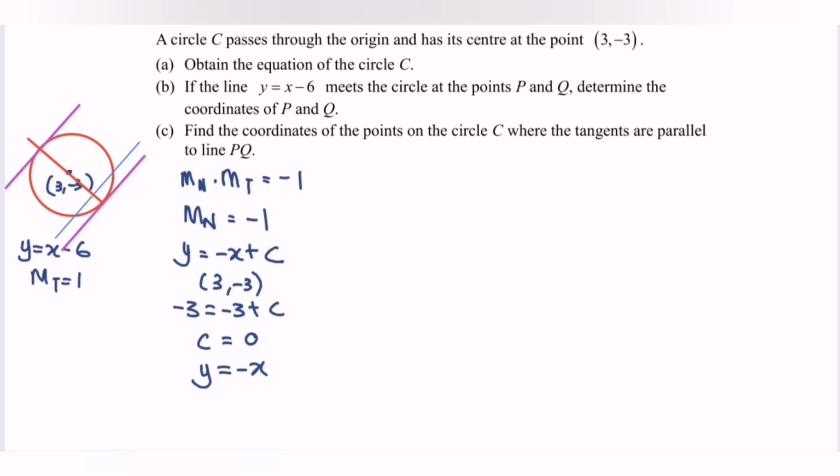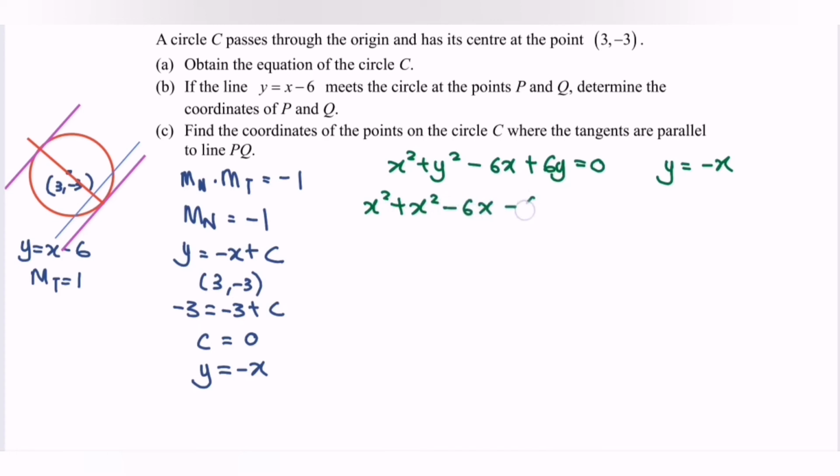Next, in order to find the coordinates of the points on the circle where the tangents are parallel to the line PQ, what we have to do is to substitute y equals -x into the equation of the circle. The equation of the circle is x squared plus y squared minus 6x plus 6y equals 0. With y equals -x, if we substitute, we will have x squared plus x squared minus 6x minus 6x equals 0.